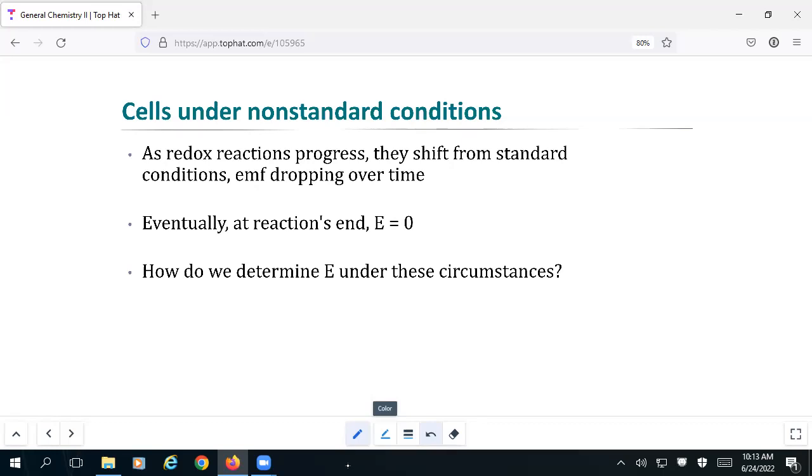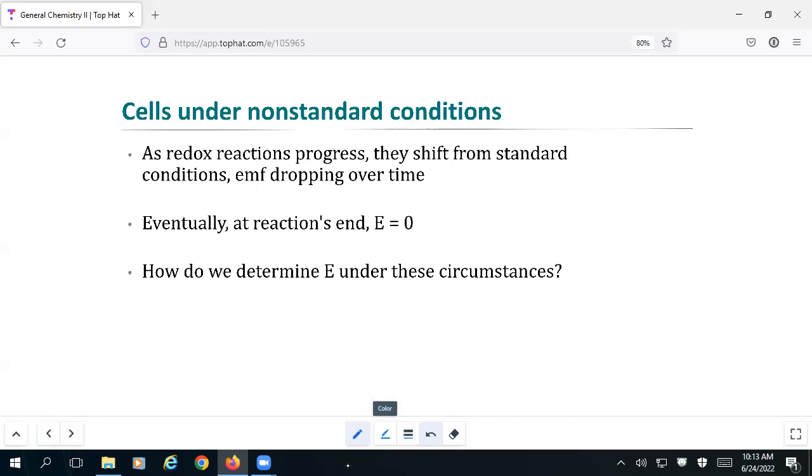So while our calculations to this point have been relatively straightforward and working with ideal conditions, we know that those don't hold forever. If we sat there and did that electrochemistry lab and we just held it there for a period of time, we would notice that the voltage would start to decline over time as we were watching it.